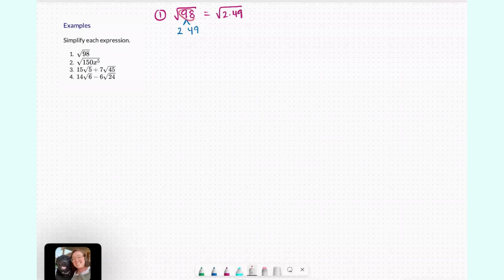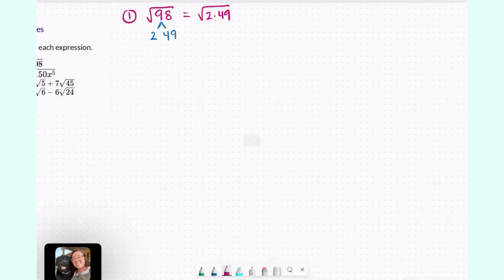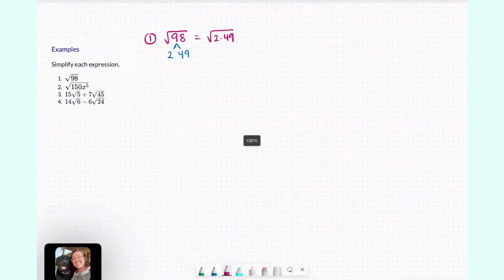So these inner values, these radicands, are equal to each other. Actually, I'm going to rewrite it a bit so that it's in an order that helps me better: 49 times 2. And I'm going to use the product rule here to split square root of 49 times square root of 2.